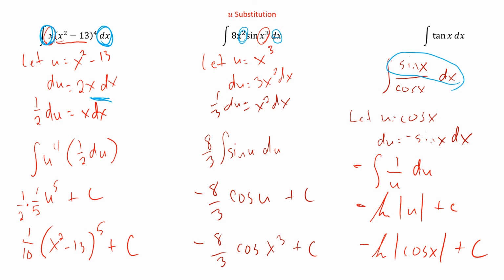In Calc BC, you get what's called integration by parts, which deals with the product rule and how to take care of that. But that's not something we deal with in Calc AB. We deal with how to get rid of chain rule, which is just u substitution. And so, if you're interested in the other, that would be the end of chapter 6.